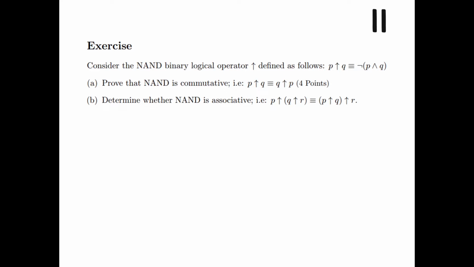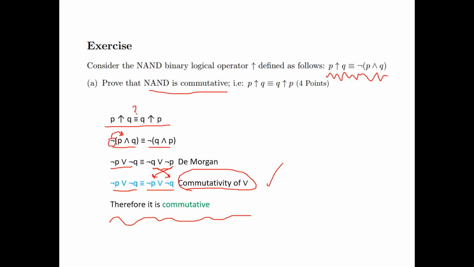Determine whether NAND is associative. Okay. So take your time and try to do this. And there is no one unique solution. So you could have found a different solution for what we did here. We could have simply, for example, here at this line, we know that AND is commutative.